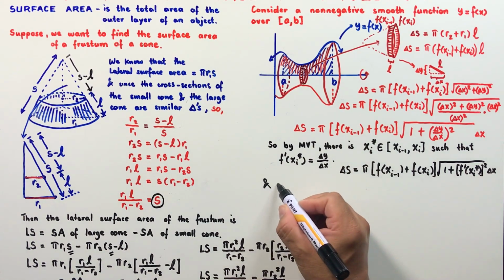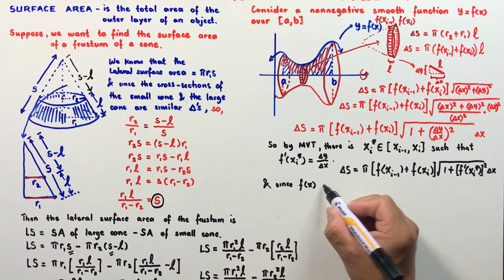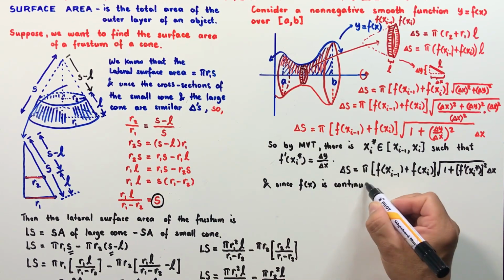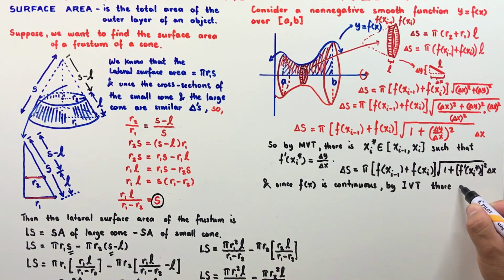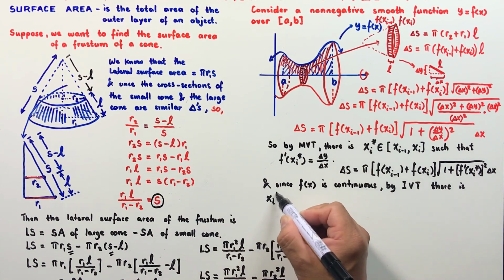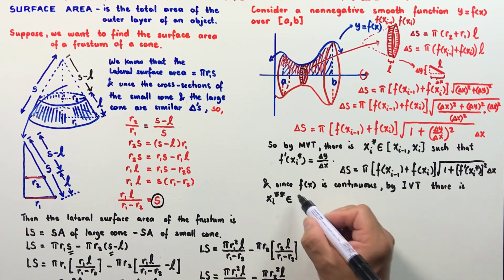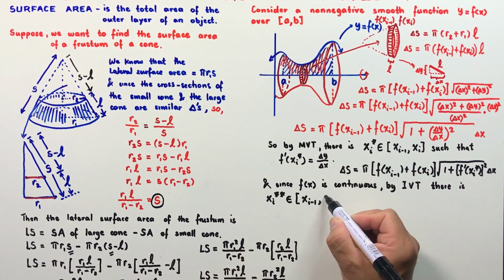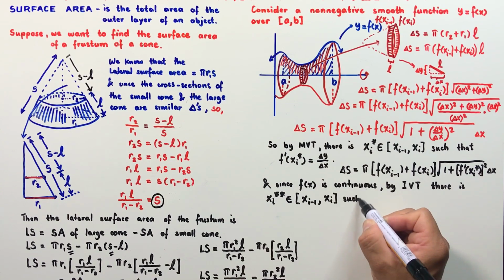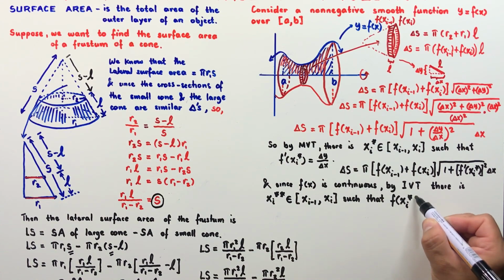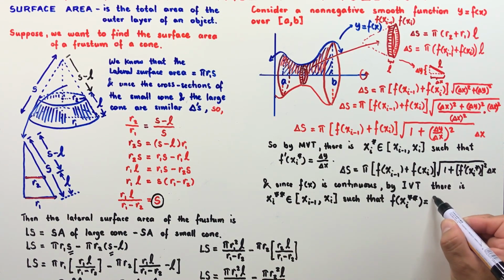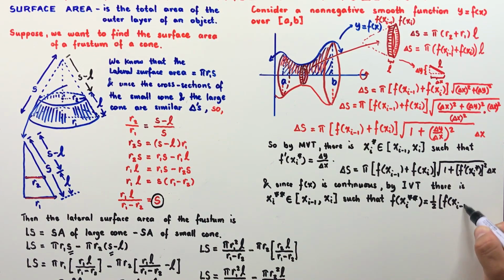And since f of x is continuous, by the intermediate value theorem, you can always find x sub i double asterisk that is found in the closed interval of x sub i minus 1 to x sub i, such that f of x sub i double asterisk is equal to 1/2 of the function f of x sub i minus 1 plus f of x sub i.